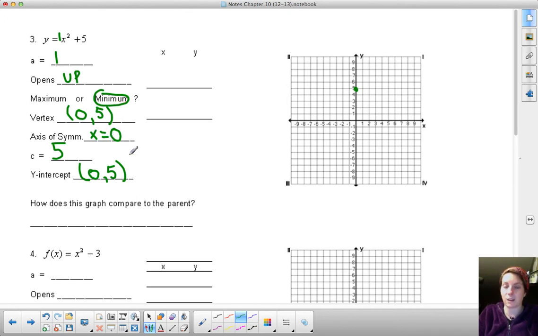Notice we have to have the x equals. So we've got that invisible line, or that imaginary line. And since my vertex is at (0, 5), it goes first in my table of values, (0, 5).